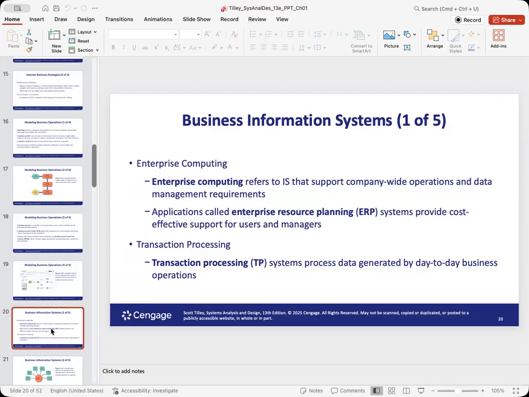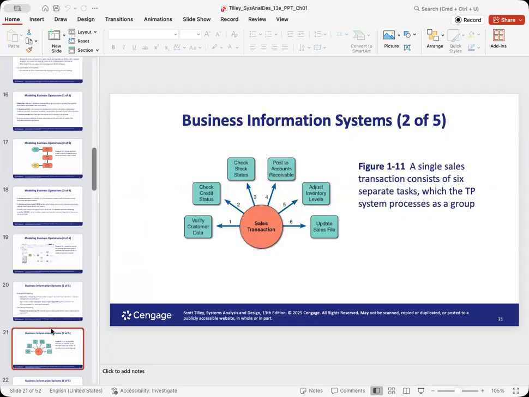So every business operation you perform within the day, there are transactions that are processed, and those transactions are processed by a particular system. That system is what we refer to as a transaction processing system. Any question?